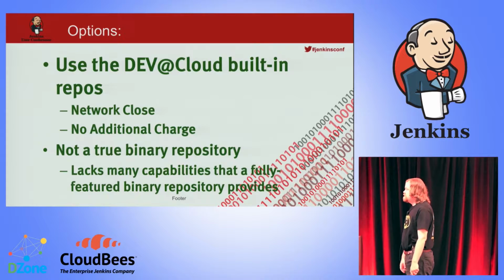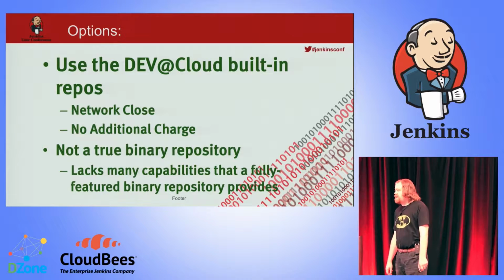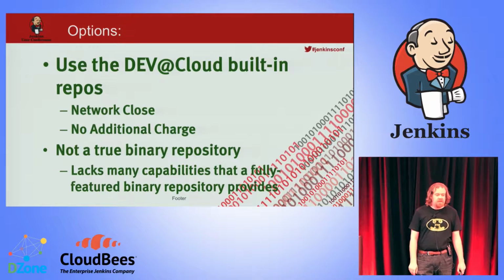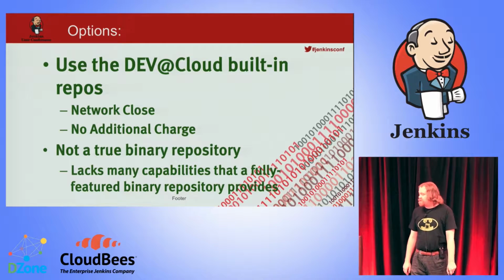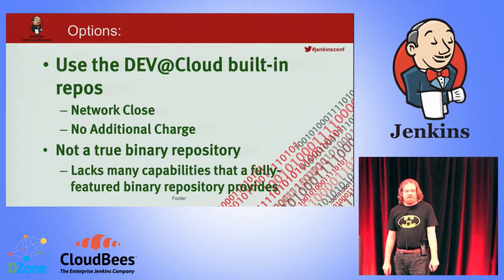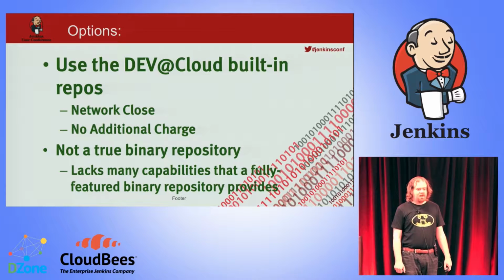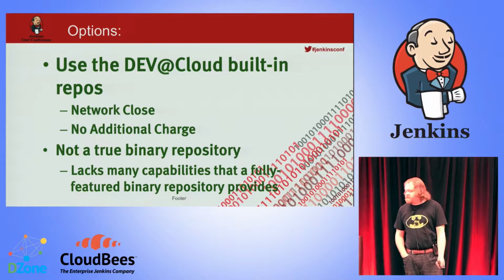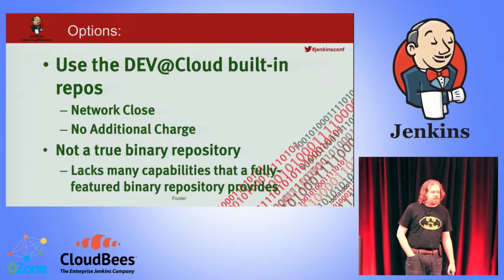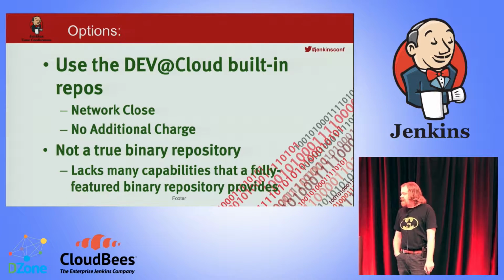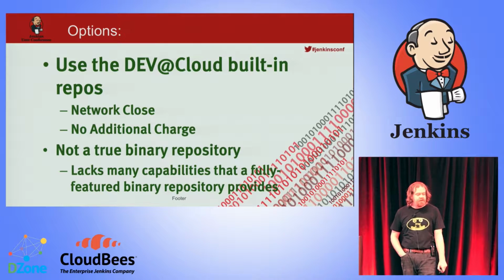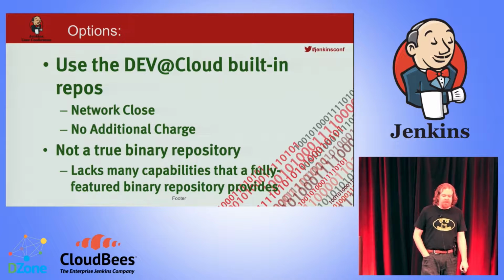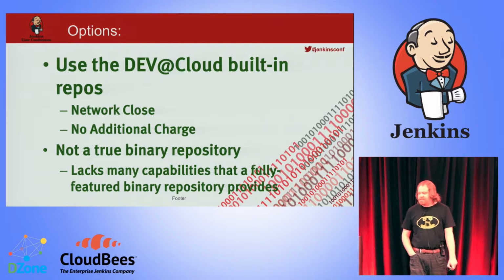So one option is you can use the DEVcloud built-in repositories. One advantage of this is that it's network close, and it doesn't cost any money, which is always a nice thing. But the one problem with it is that it's not really a true binary repository. And this means that it lacks many of the features that a fully featured binary repository can provide. And hopefully I will be able to persuade you as to some of those.